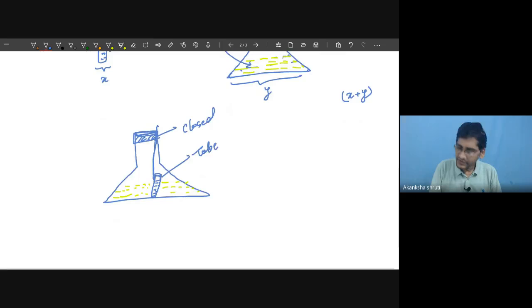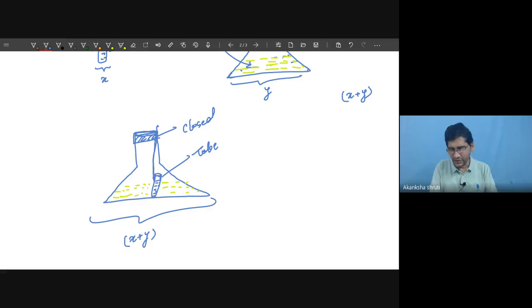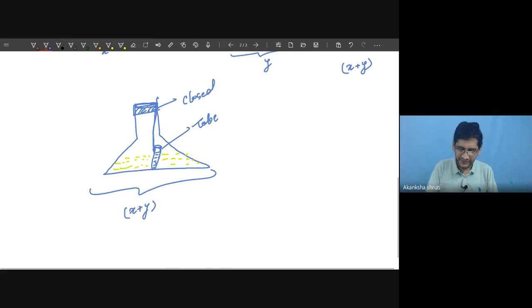Now the weight of this is measured when the two are separated. Okay, means one is placed inside the other. Now the total weight is found to be x plus y. Okay, x of tube, y of this. The total weight you put on the weighing machine, it will weigh. Now after some time, this is tilted.